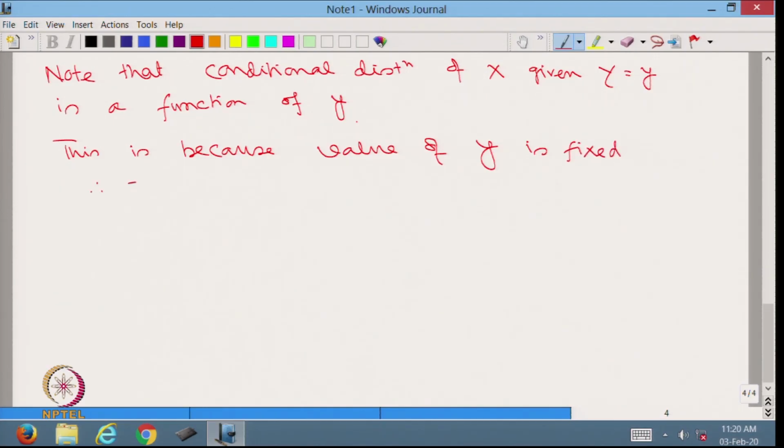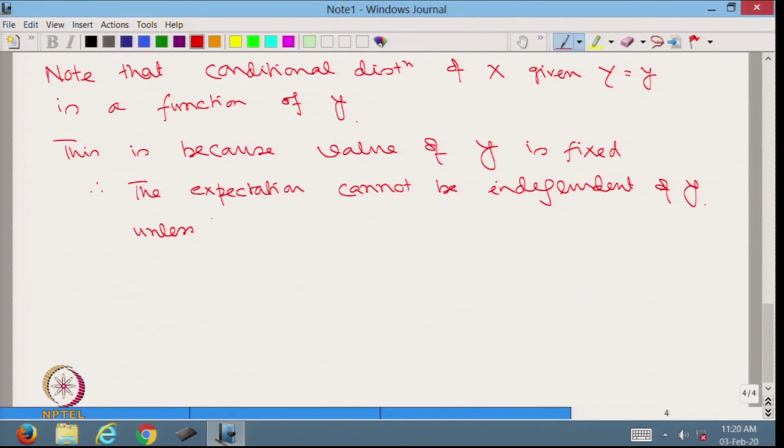Therefore, the expectation cannot be independent of y, unless X and Y are independently distributed.